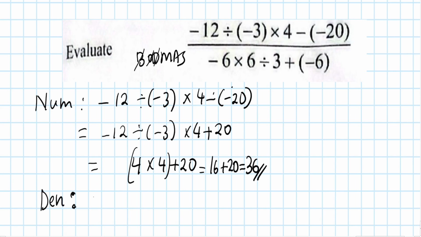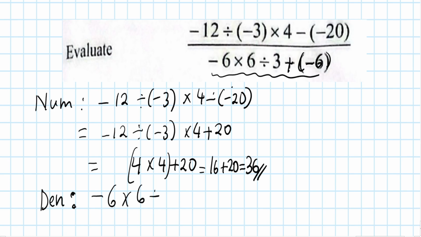The denominator is this one here. We'll start with the bracket, which is plus negative 6. If you open that up, it's going to give you minus 6 plus, and minus becomes negative. So minus 6 times 6 divided by 3 minus 6.